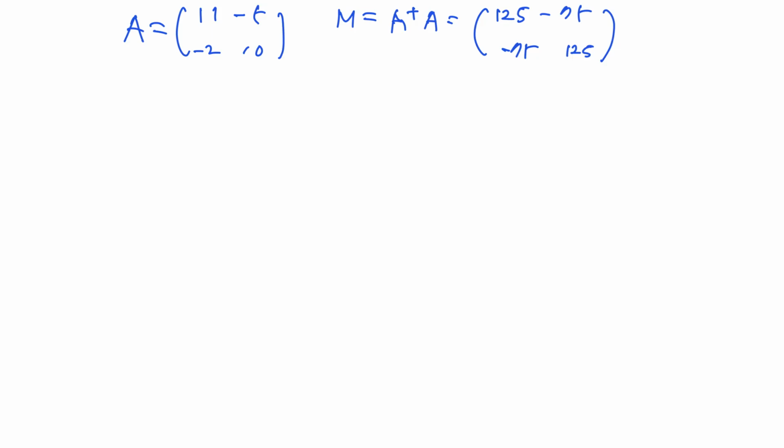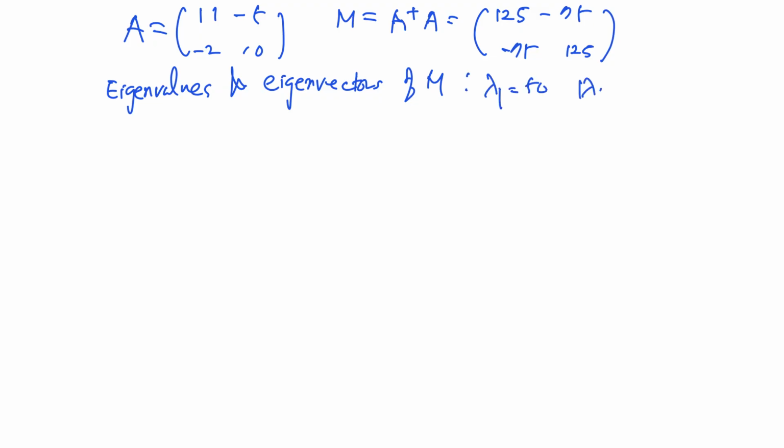And the eigenvalues and eigenvectors of M are: lambda 1 is 50, with eigenvector 1 over square root of 2 times (1, 1).